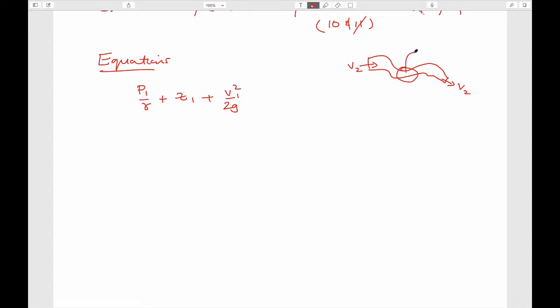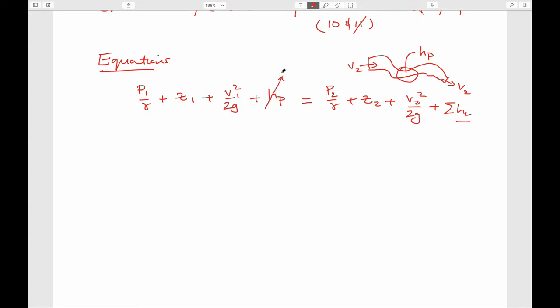There may be a pump in this. And as it's written here, it's all written in terms of lengths or heads. And the downstream components are the pressure head, elevation head, velocity head, and any sum of losses. So these may be major or minor losses.